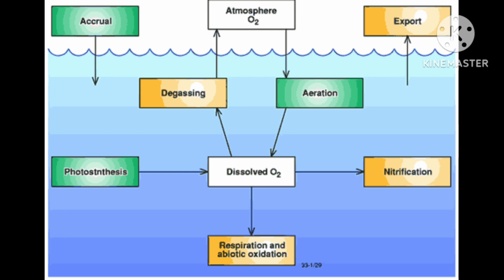Eutrophication. The question is asked, what is eutrophication? Eutrophication means when phosphate or other minerals in water are more, particularly phosphate, algae will produce more, and when algae produce more, they will kill other animals and fishes, the aquatic life present in water.